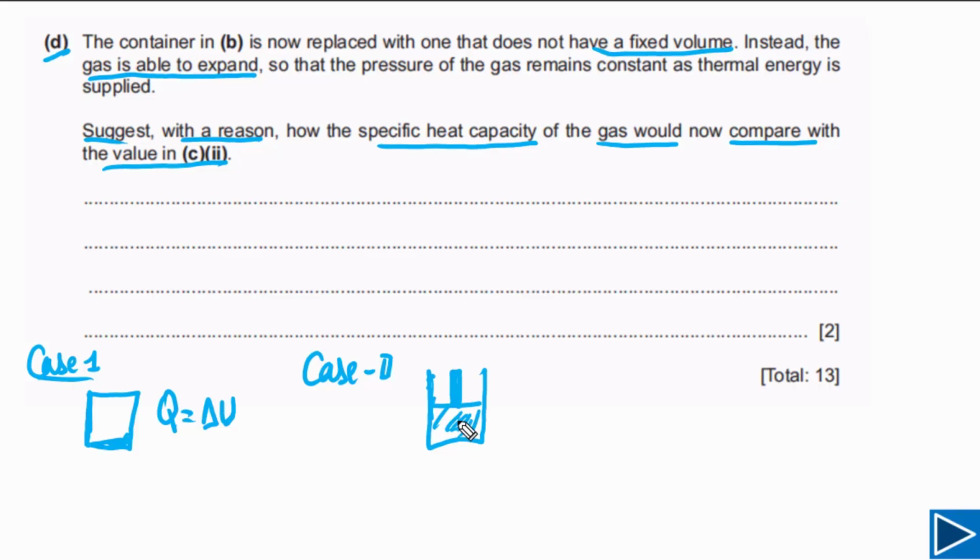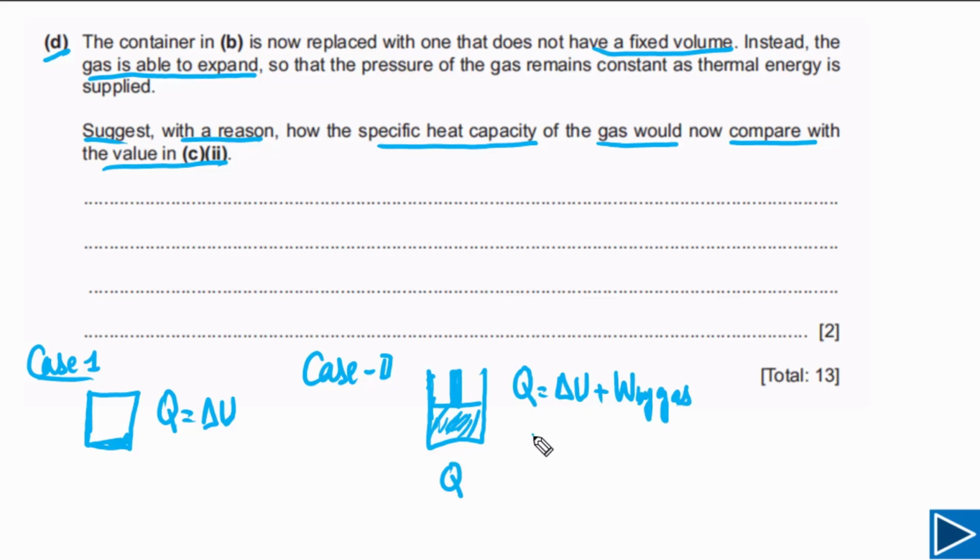So the volume of gas is not fixed. When we heat this up, we give a certain amount of heat Q, and this gas will expand. So in this case, work is done by the gas. So we can say Q will be equal to the change in internal energy plus the work done by gas.